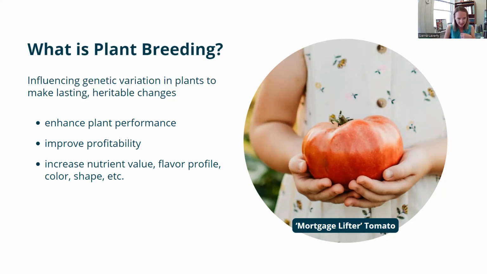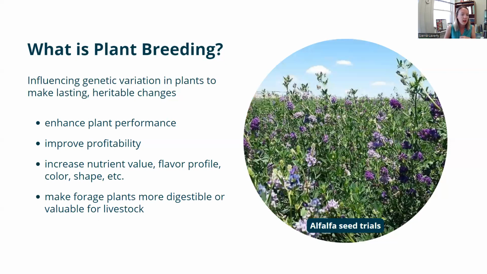Swimming in yield, I guess. So we have these massive tomatoes. And that's one example of a goal you could have in plant breeding. You could also breed plants specifically for livestock, so you can make the plants more digestible, or have some other value for livestock, and there may be more nutrient value for livestock, that sort of thing. So there's a super broad range of reasons why we breed plants, and how do we do that?